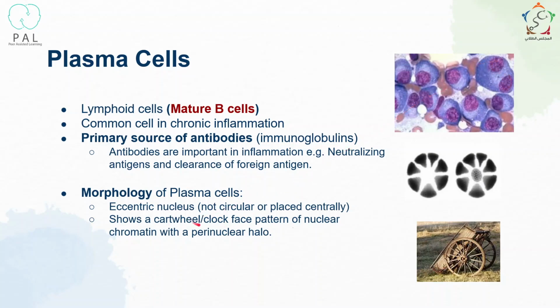It shows a cartwheel clock face pattern, and there's a perinuclear halo. It resembles a cartwheel, as you can see here. Now, the morphology is very important for you to know. So if someone describes to you a perinuclear halo, a cartwheel, or clock face kind of image, you have to keep in mind plasma cells.